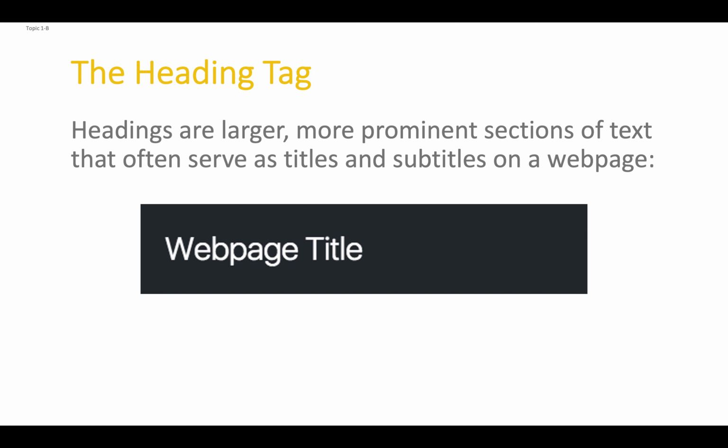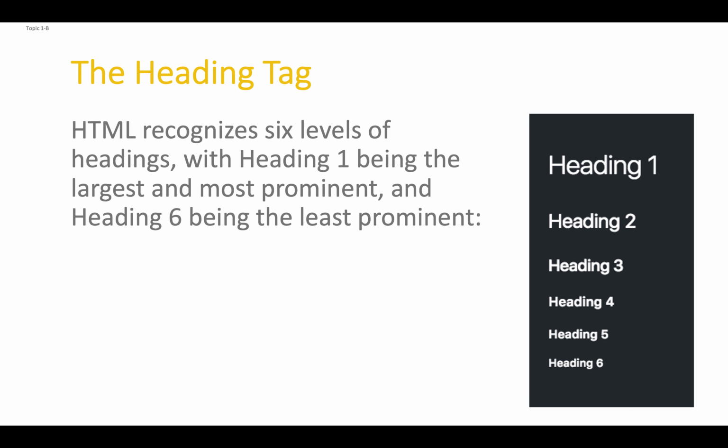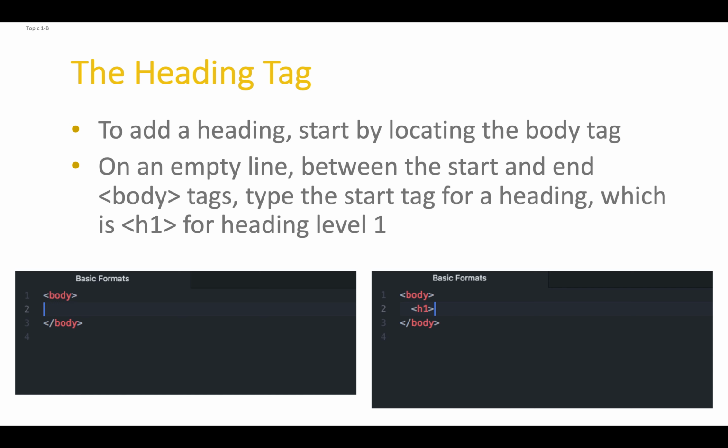Headings are larger, more prominent sections of text that often serve as titles and subtitles on a web page. HTML recognizes 6 levels of headings, with H1 being the largest and most prominent, and H6 being the least prominent. So you can use all of those for different headings on your HTML document.